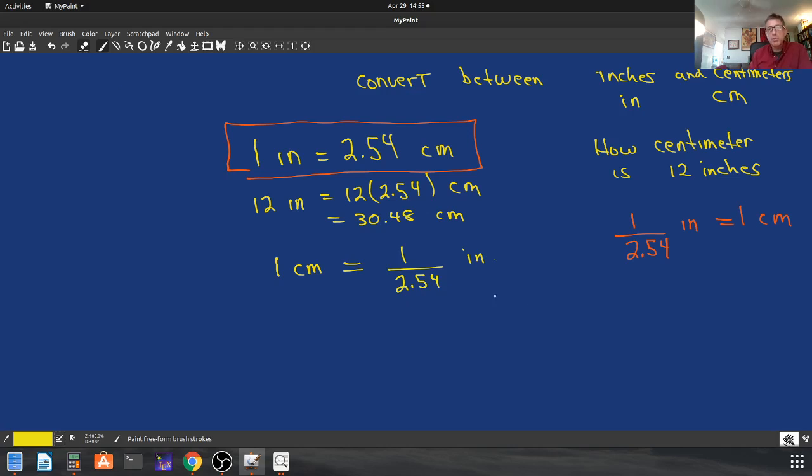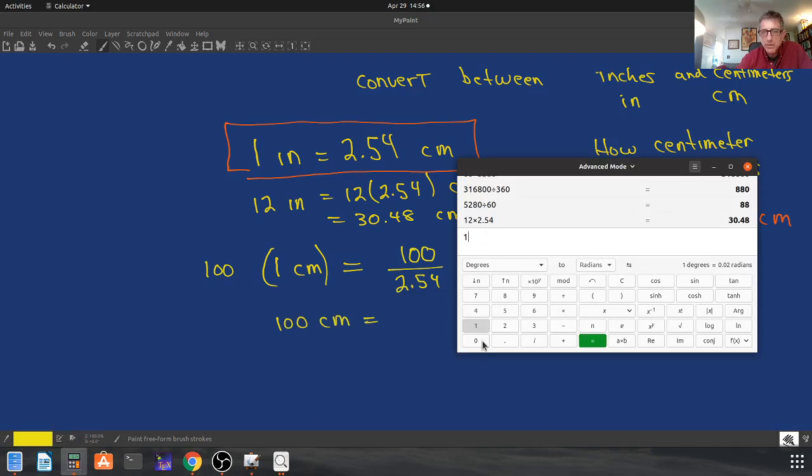So how many inches is 100 centimeters? I multiply both sides by 100. If you want, you can put this in parentheses and multiply both sides by 100, which is the same as just putting 100 up there. So 100 centimeters is equal to 100 divided by 2.54. And again, we can go ahead and get out our calculator for this.